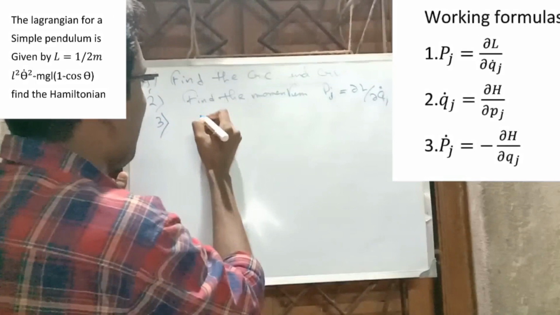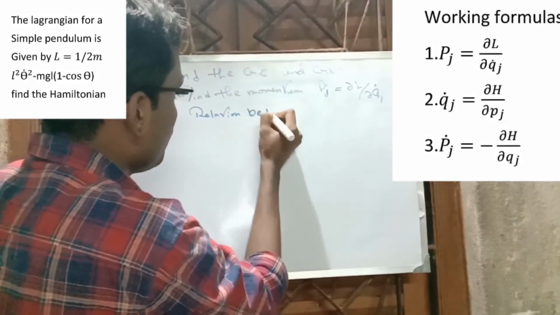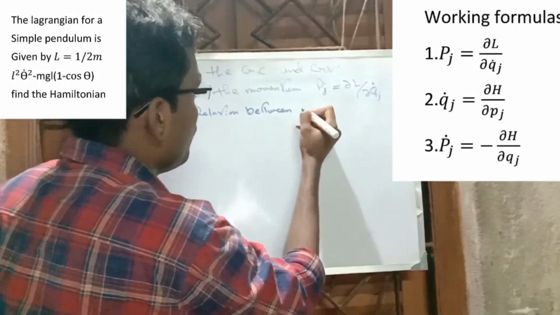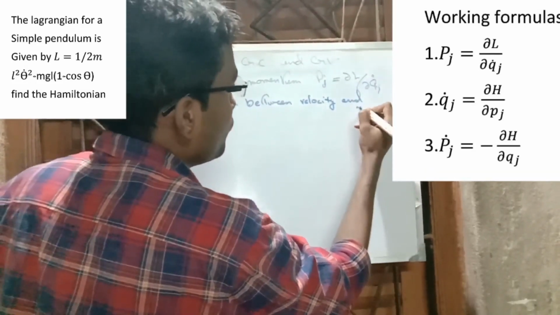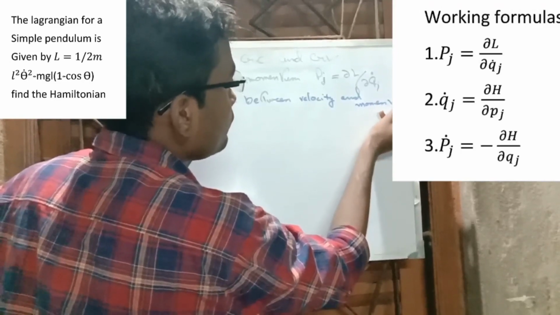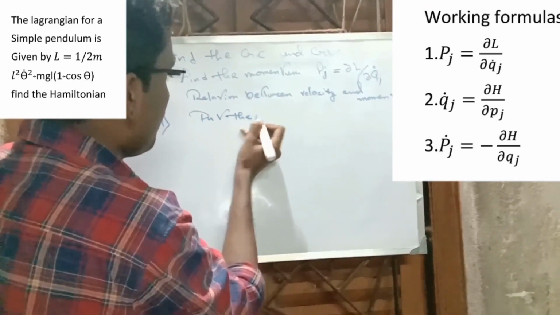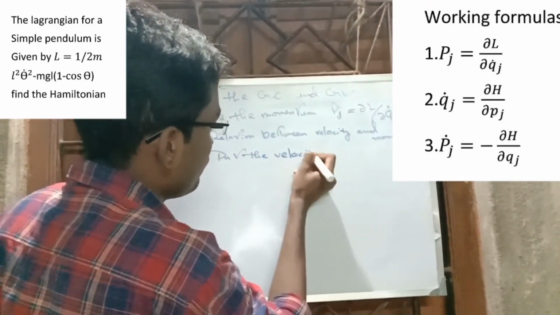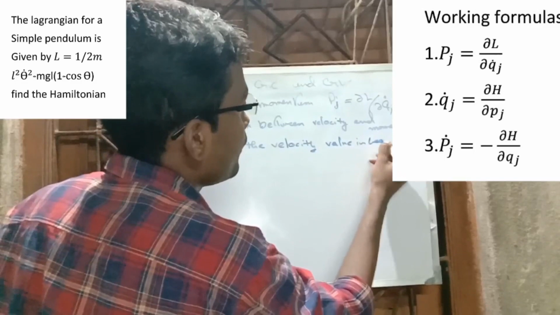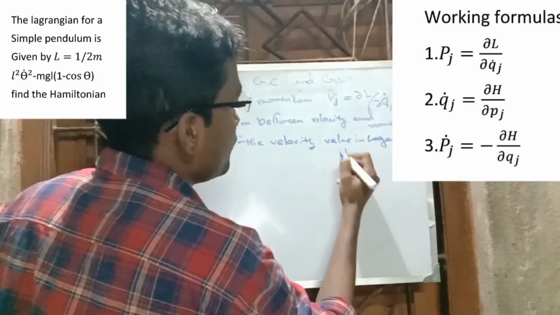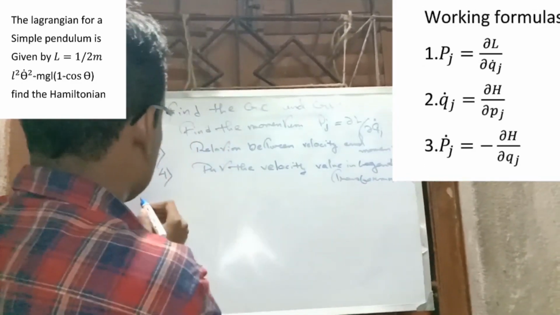Step number 3: make a relation between velocity and momentum. Step number 4: put the velocity value, that means velocity in terms of momentum, in the Legendre transformation. So these are the steps if you want to change a Lagrangian to a Hamiltonian.